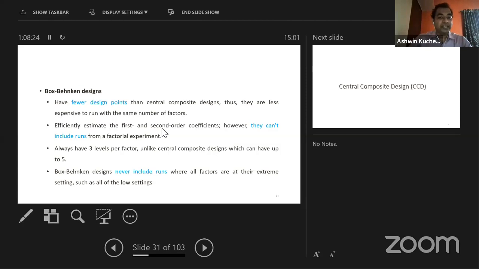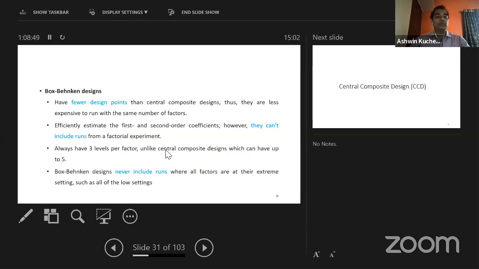It includes three different levels: -1, 0, +1. This has three levels per factor, unlike the central composite design, which can have up to 5 factors. So the Box-Behnken design never includes the runs where all factors are at the extreme settings, such as all of the low settings. So these are the two different types of response surface methodologies: central composite design and Box-Behnken design.